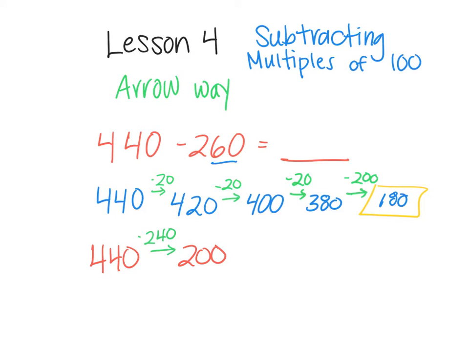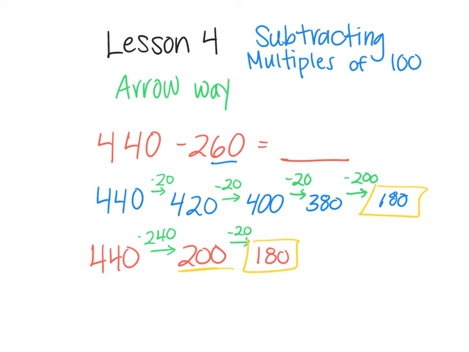And then I would just have to take away another 20, which would get me to 180. So that one was more about making a benchmark number from doing some subtraction. So taking away 240 and then another 20, that's still 260. So that's just another way to go about doing it.